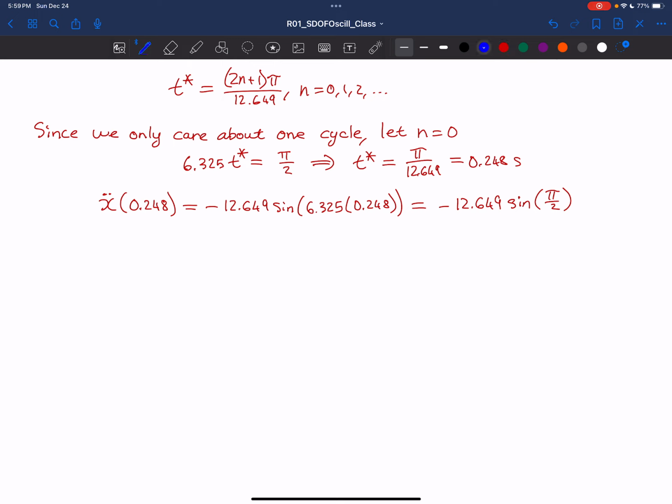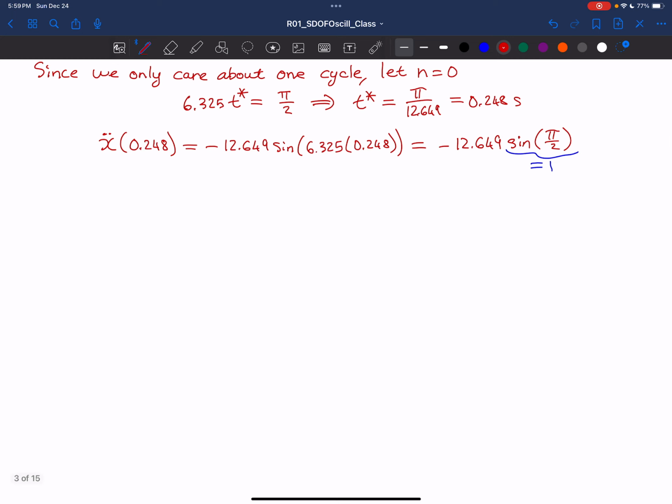And the sine at pi over 2 is equal to 1. So in this case, we'll find that x double dot at 0.248 is equal to minus 12.649 meters per second squared for units.